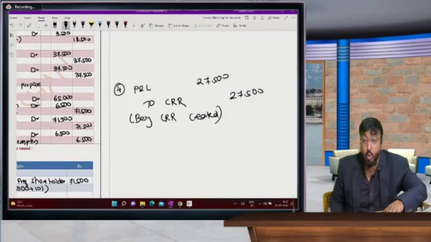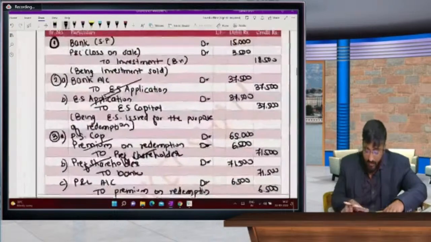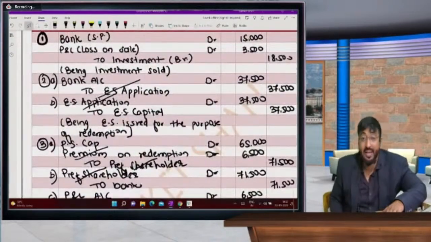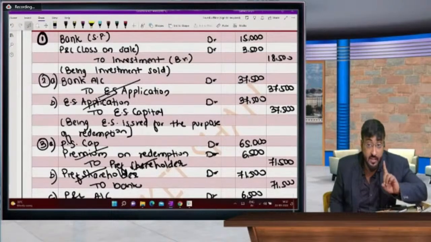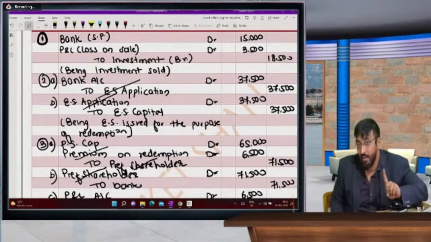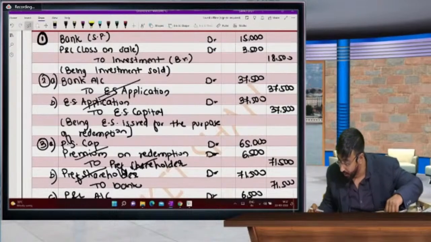Now beta, how to update the balance sheet? Now it's time to update your balance sheet. See, we already cancelled temporary accounts. Which are temporary accounts? Now please be careful. This is the first question of updation of balance sheet. So make sure now you have 100% concentration, because this is the first time I'm telling you how to update it. So tell me, have you completed?